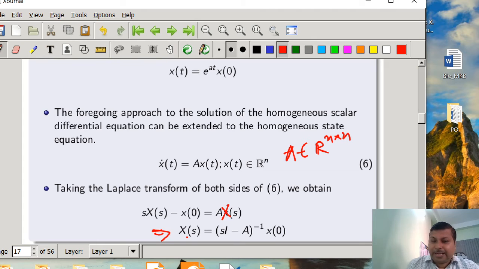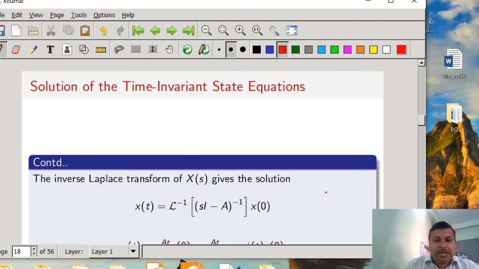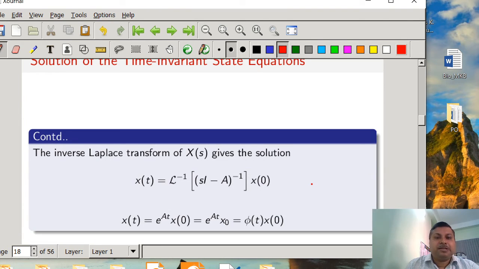Now if we want to calculate x(t) from here, then we have to take the Laplace inverse on both sides, and we find that ultimately we have to calculate the Laplace inverse of (sI minus A) inverse into x0, and already we have defined that the Laplace inverse of (sI minus A) inverse will be e to the power At. So it can be written e to the power At x naught is equal to phi of t x of 0.